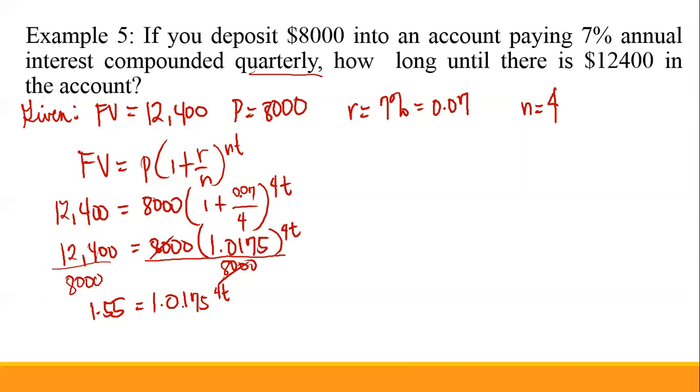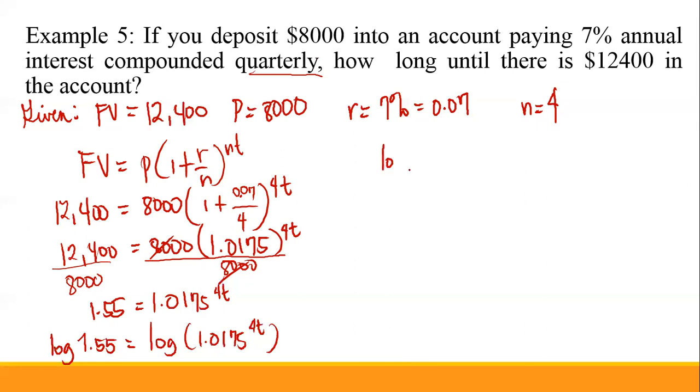Okay, so take again the logarithm of each side. Then use property 5 to rewrite the problem as multiplication. So this is logarithm of 1.55 equals. Okay, so tuloy natin dito.